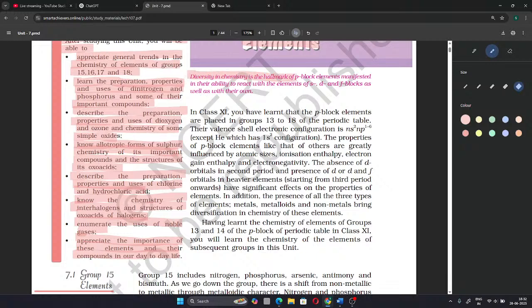Diversity in chemistry is the hallmark of P block elements, manifested in their ability to react with elements of S, D and F blocks as well as their own.